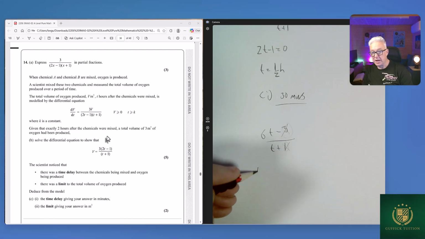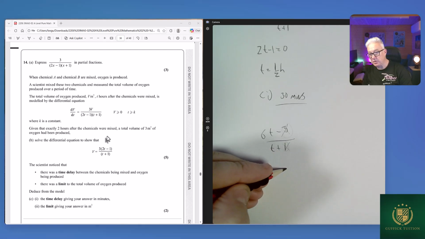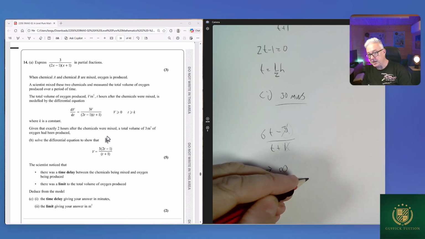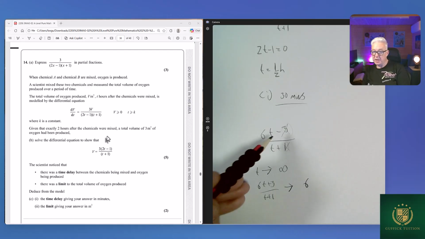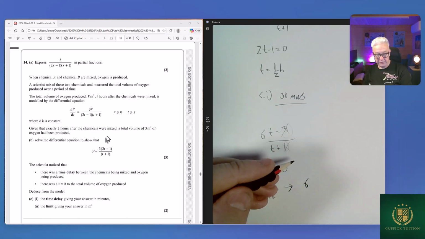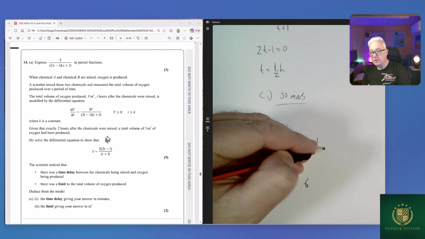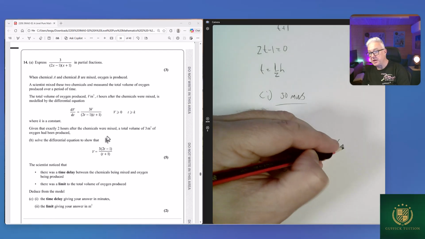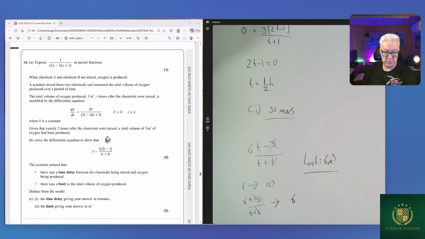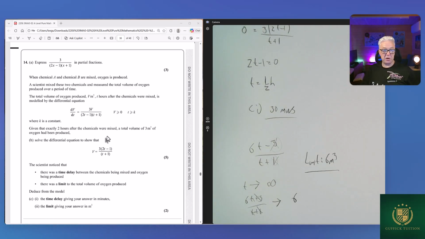So in other words, as t tends to infinity, that expression, (6t - 3) over (t + 1), is going to tend to 6, because those will become insignificant, the t's can cancel and you're left with 6. So therefore the limit in this question is 6 meters cubed of oxygen that is going to be produced by the chemical reaction. Okay, so 6 meters cubed.